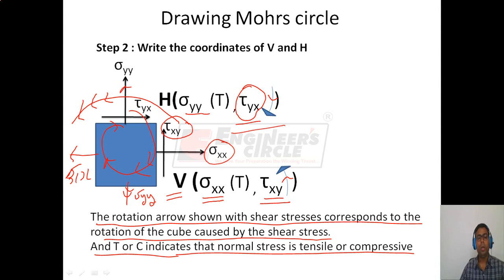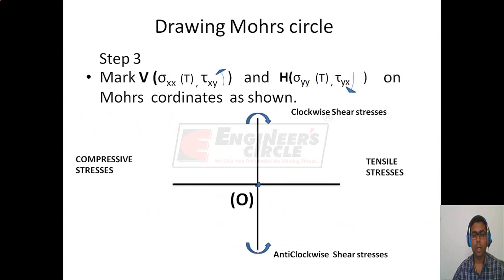Now we will plot points V and H on the Mohr's coordinate. The Mohr's coordinate can be drawn like this. For marking the vertical plane V, we first mark sigma xx on the Mohr's coordinate. Since sigma xx is tensile, we mark it on the right side of the origin, as the right side of the origin represents tensile stresses.